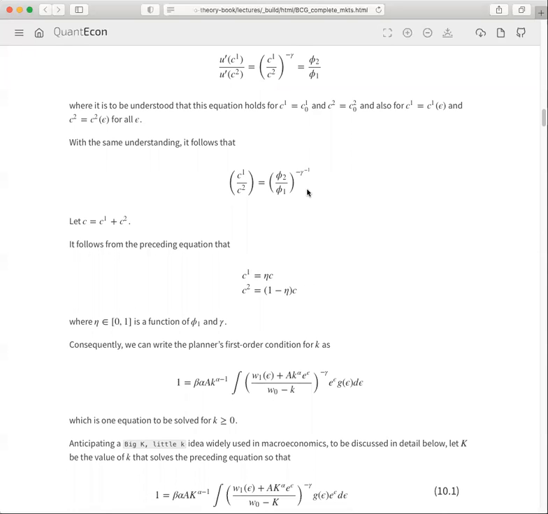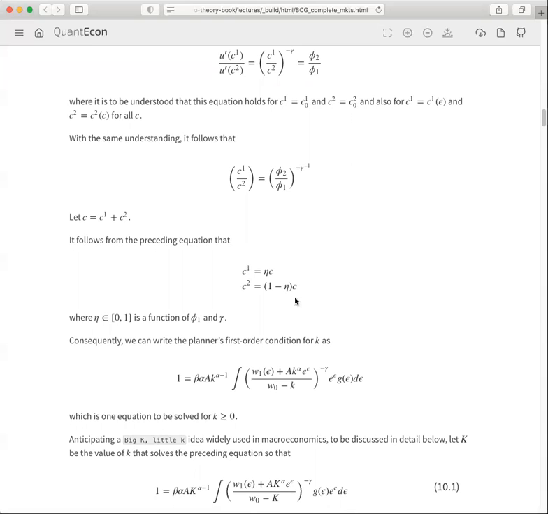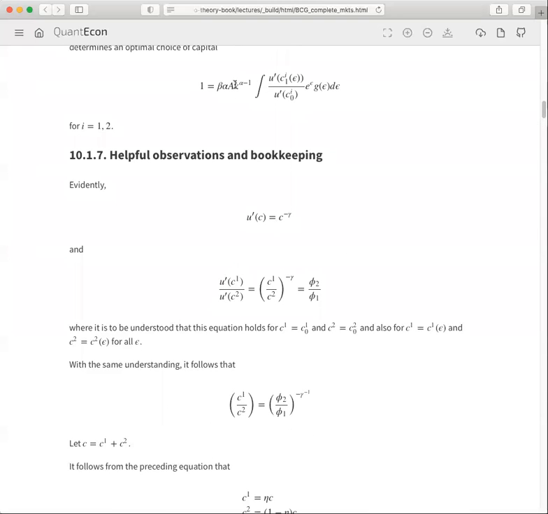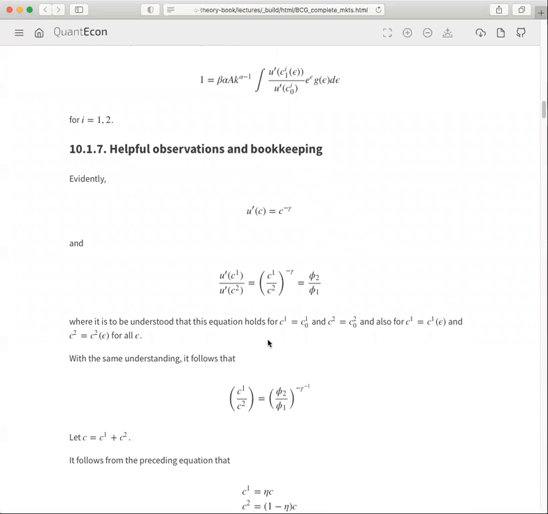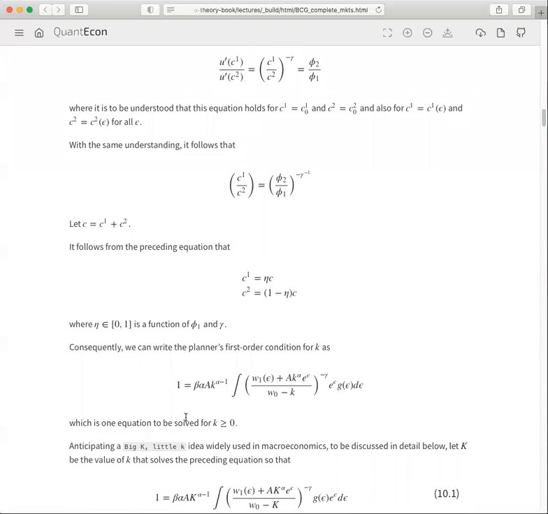So what that means is if I use this and I knew this eta, there's actually a representative consumer, and it's going to really simplify solving things. I could just take these results, plug them in, and I get this condition for physical capital.